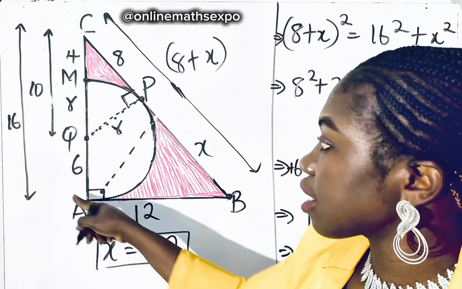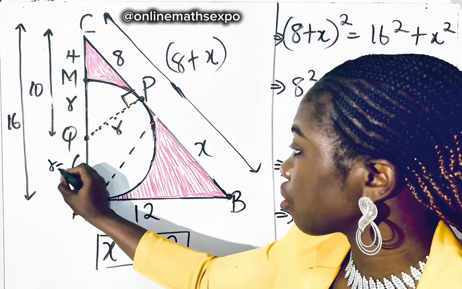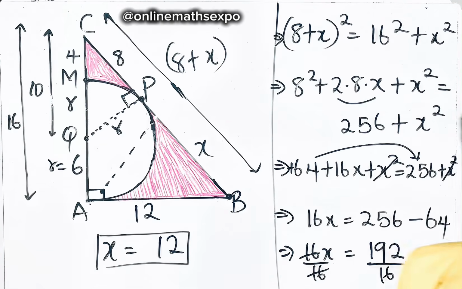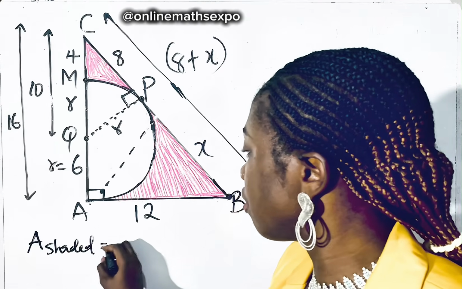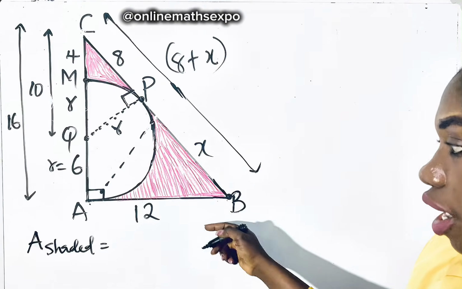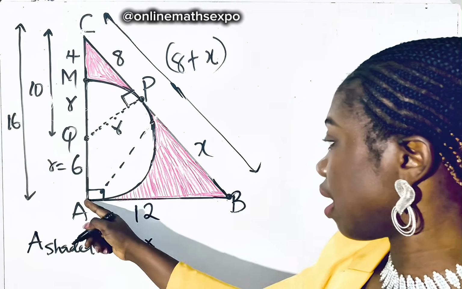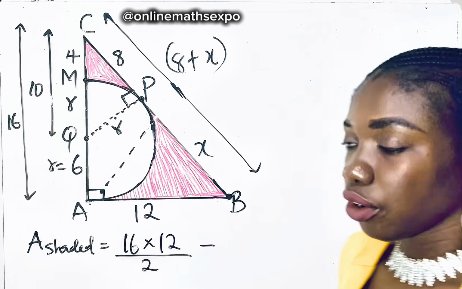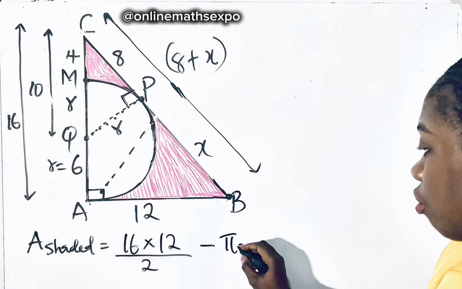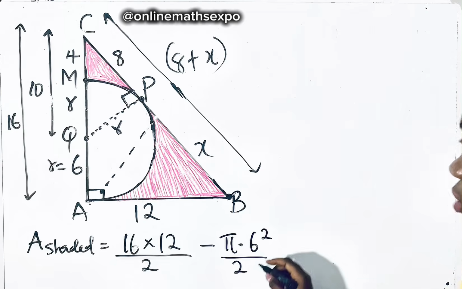We've already known the height as 16, and we've also gotten the radius of the circle, which gave us 6 units. We can now calculate the area of the shaded. Let's do it together. Area of the shaded is given as the area of the triangle, which is the height, 16 multiplied by the base divided by 2, minus the area of the semicircle, which is pi multiplied by the radius, 6 units, squared, and then divided by 2.